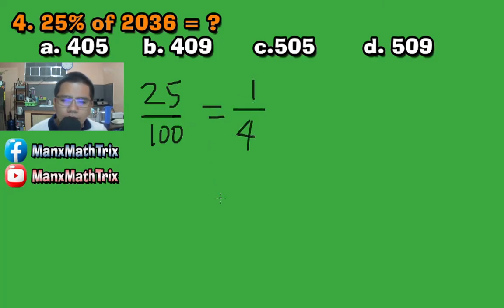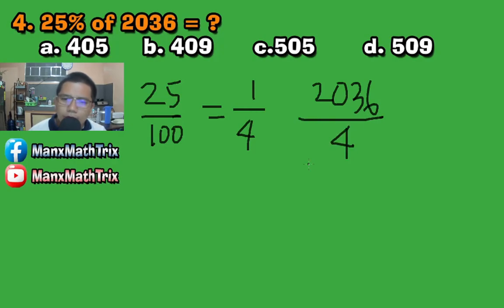So, 1/4, pag minultiply mo siya sa 2036, is just the same kung sasabihin mo na 2036 divided by 4. Okay? So now, let's start dividing 2036 divided by 4.